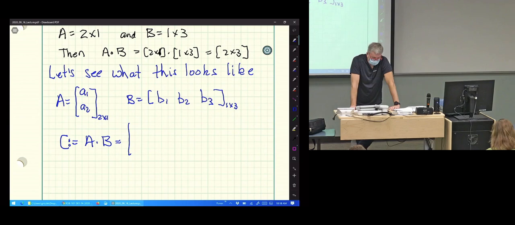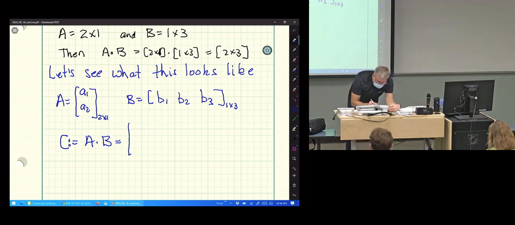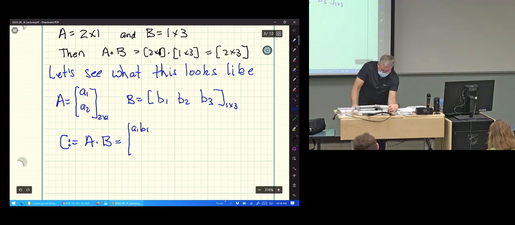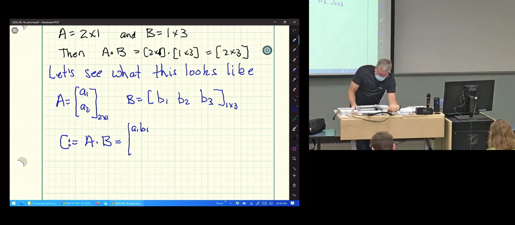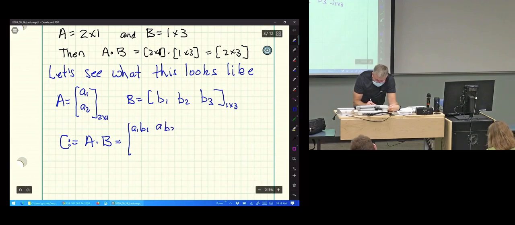Well, it's the first row of A times the first column of B. Those are 2 scalars, A1, B1. What is the next entry of C? C1,2. I still take A1, the first row, times the second column. And then what is C1,3? I take the first row of A times the third column of B.